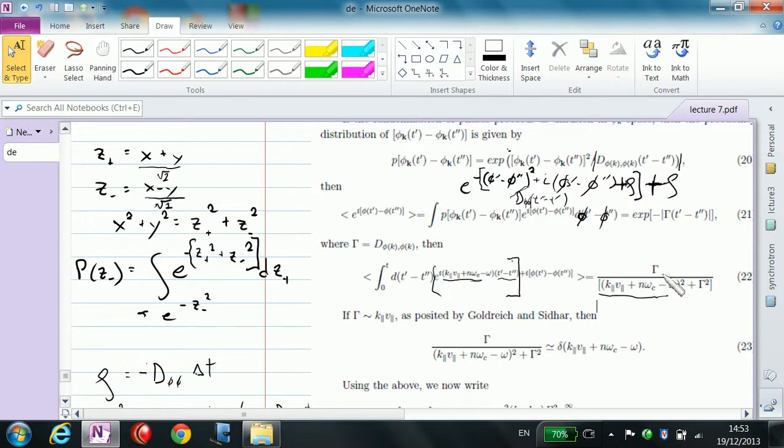It's a Lorentzian, but as the width of the Lorentzian goes to 0, it becomes a delta function. So it's really a delta function of what's inside these parentheses. And if you take omega equals 0, that's the same resonance condition we had before.